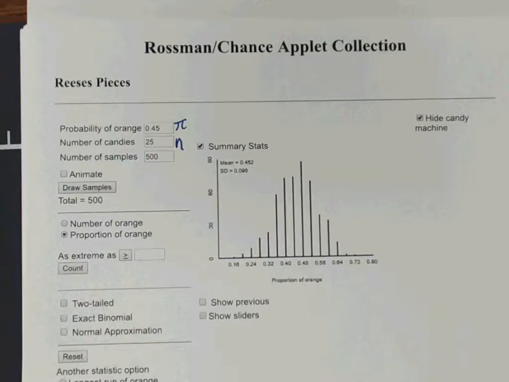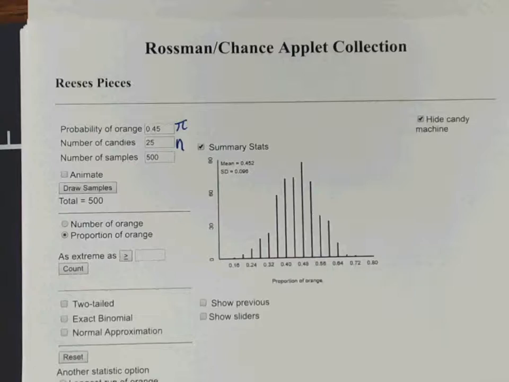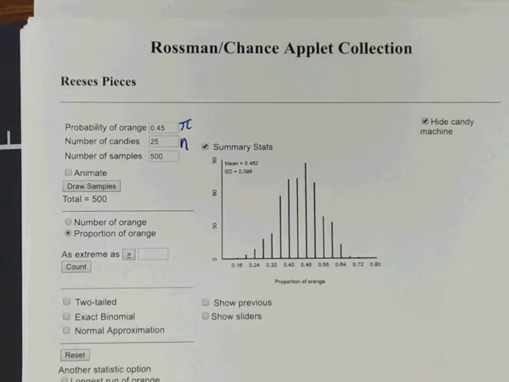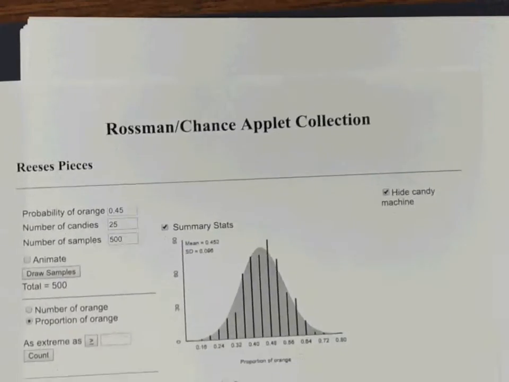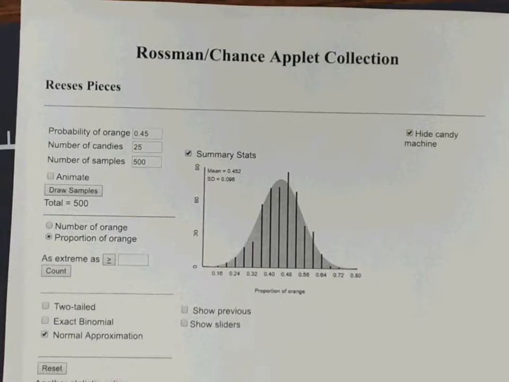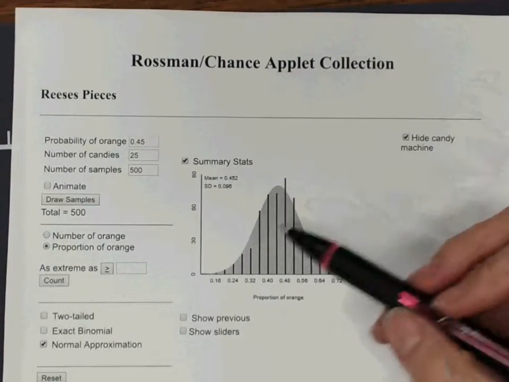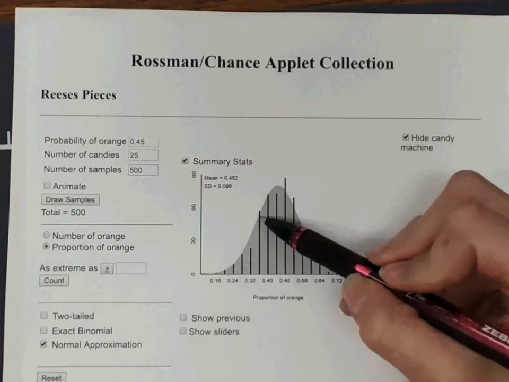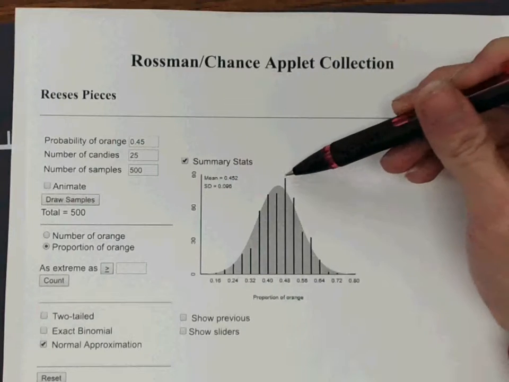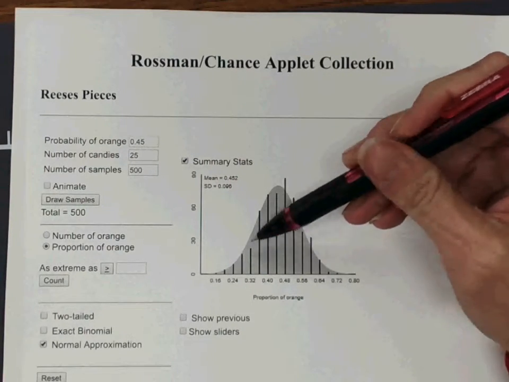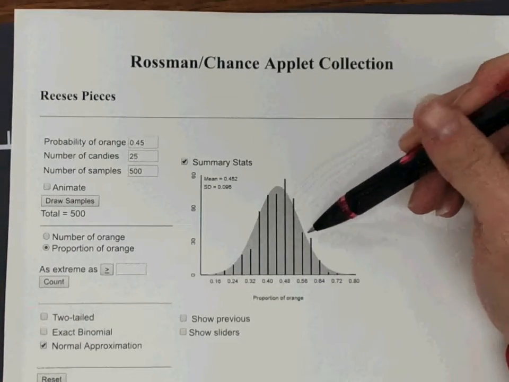Now, the next step says to plot the normal curve. So I have that right here. So comment on how well the curve appears to model the distribution of the simulated sample proportions. If I look at this, it doesn't fit it perfectly, right? We have some that are above and some that are below. But it does fit it reasonably well.